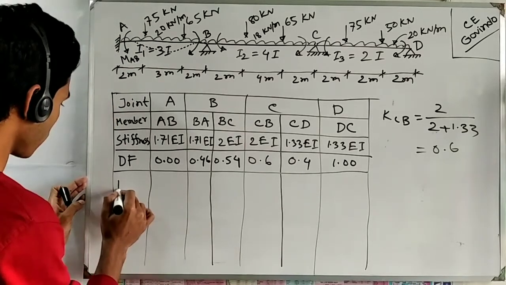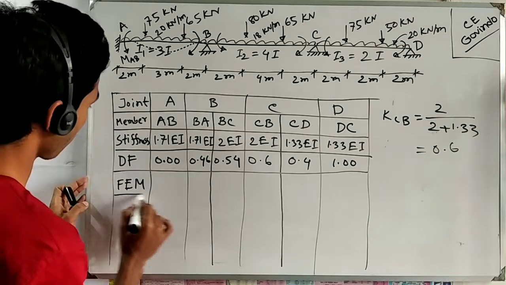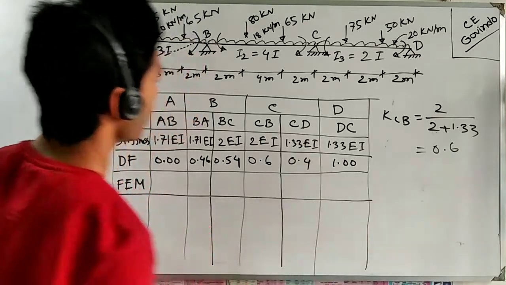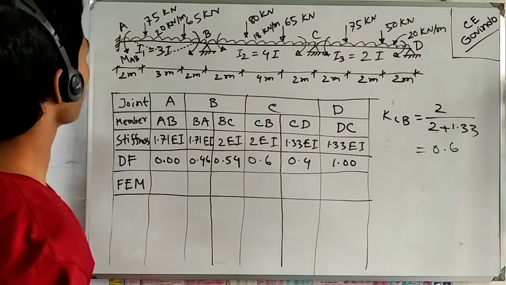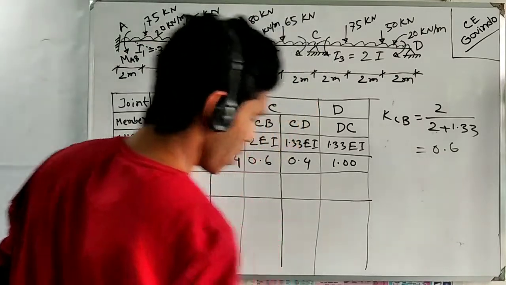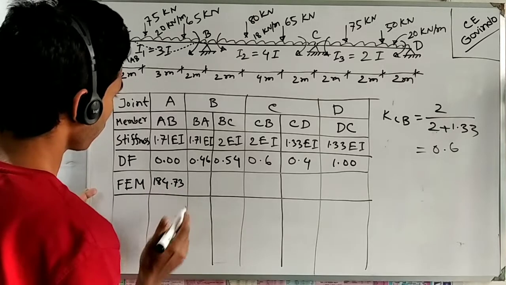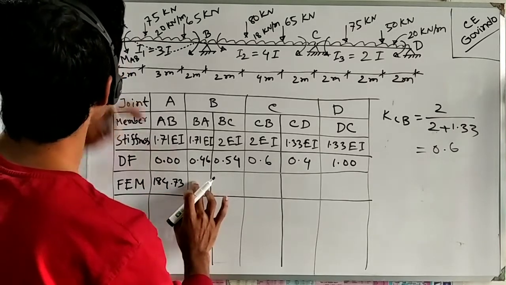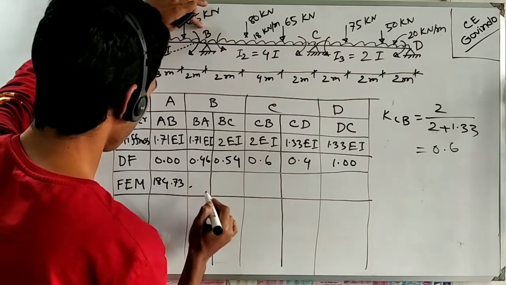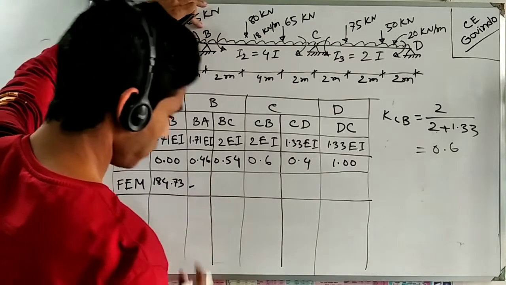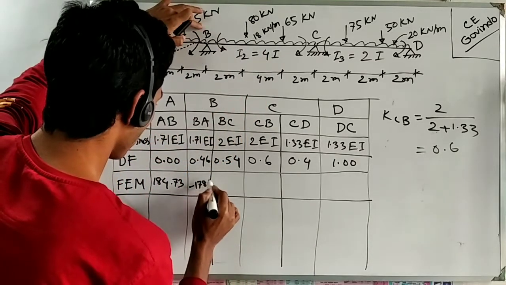Now write the fixed end moments. We calculated them a few minutes ago. We have calculated fixed end moments for the AB member, and it was 184.73, and for this end we got a negative value, negative 178.6.